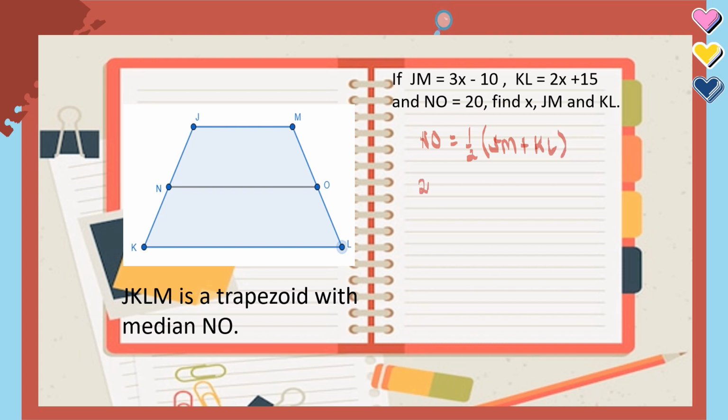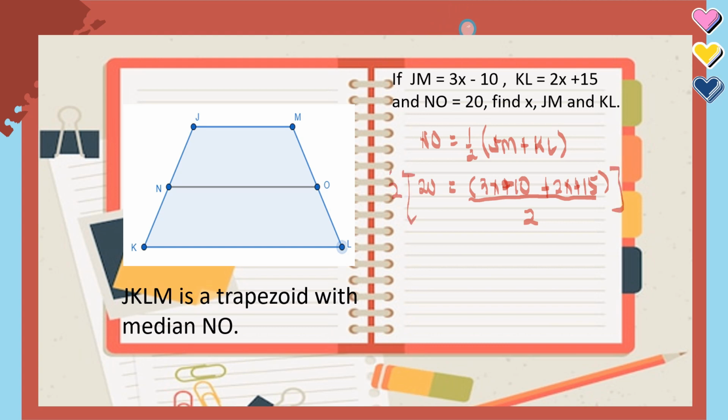NO is 20 units equals 1/2, or we can write it as 3x minus 10 plus KL, that is 2x plus 15, divided by 2. And by the multiplication property of equality, we multiply the whole equation by 2.